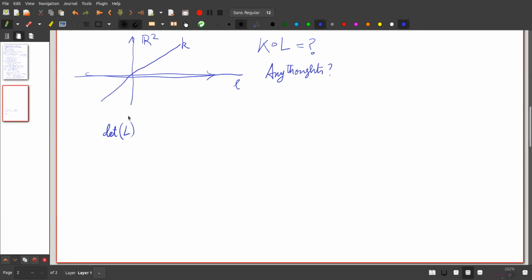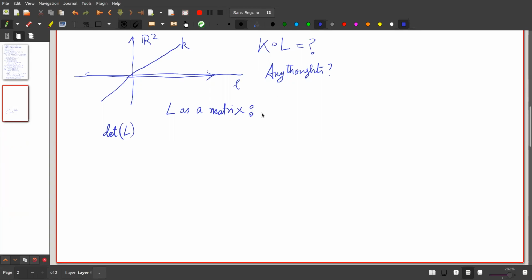This makes sense only if I think of L as a matrix. So how do I write it as a matrix? Let's do some linear algebra. Given a linear transformation, how do I express the transformation in terms of a matrix?